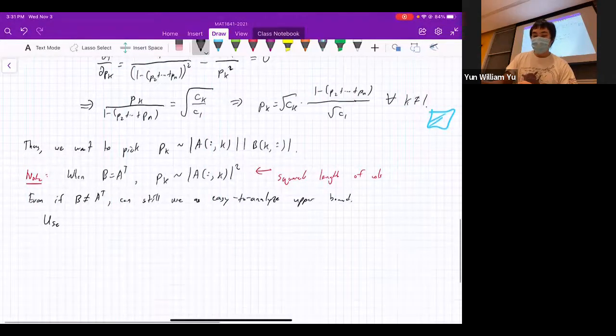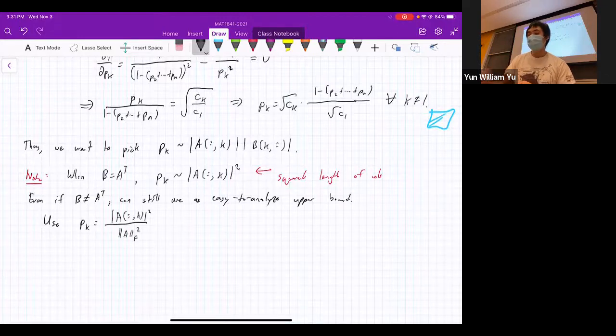So we're going to use pk equal to the length squared of the kth column of A divided by the Frobenius norm of A squared. Because of course the sum of all of your squared lengths is exactly your Frobenius norm squared.